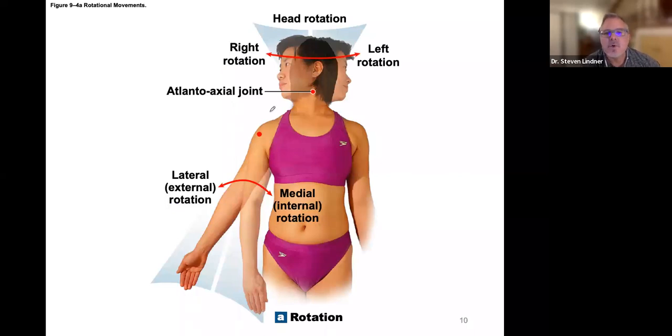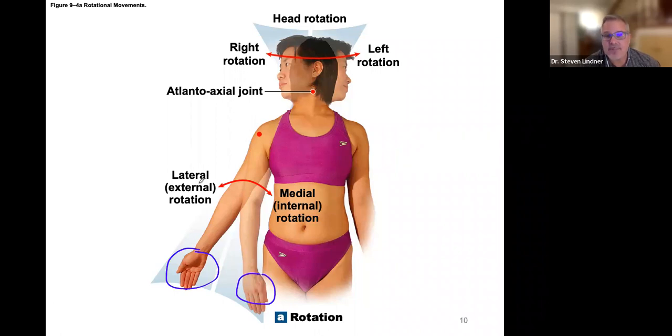So if we look at the head, generally speaking, simple enough. There's left rotation and right rotation, depending on which shoulder you're rotating your head to. But with the upper extremity, when you're rotating so that the palm is face up, that is external rotation or lateral rotation. And when you're rotating the limb so that the palm is facing down, that's medial rotation or internal rotation.